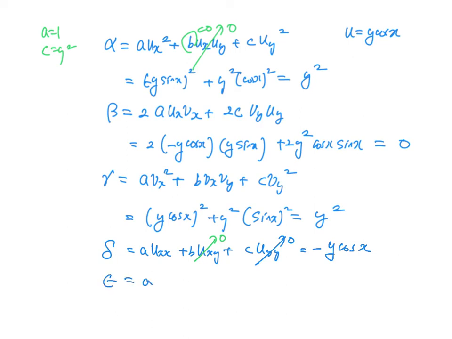Epsilon is A v_xx plus B v_xy plus C v_yy. So if we differentiate twice, this is 0, this is 0, this is minus y sine x.